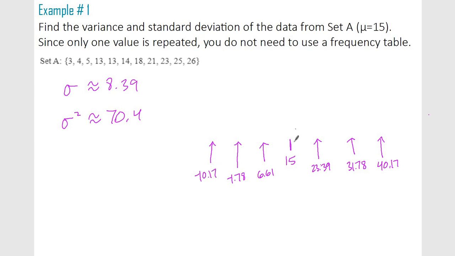Okay, most of my data should be around 15, so that's going to be the middle of my bell curve. Then I go down like this. Most of my data should be from 6.61 to 23.39.